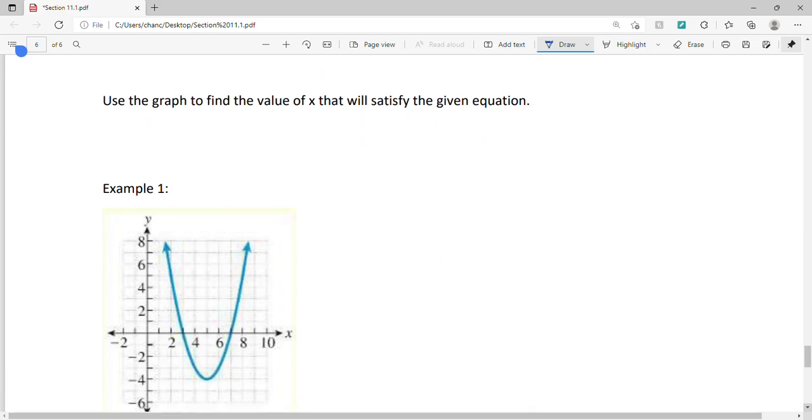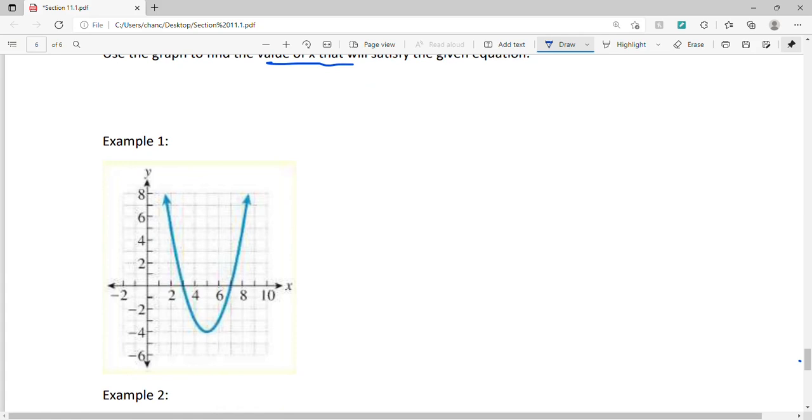Use the graph to find the value of x that will satisfy the given equation. So in this example, I want to see if we can go backwards. Let's suppose I said f of x is equal to -4, and I want you to solve for x. Well, how would you do it based on the picture? Well, this is the y coordinate, and I'm looking for the input.